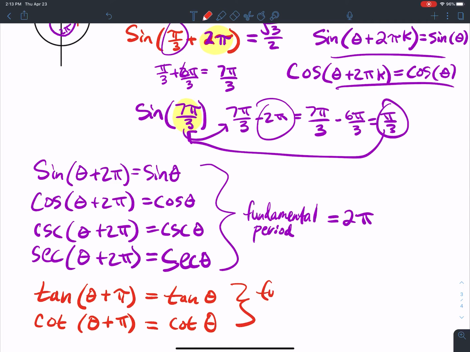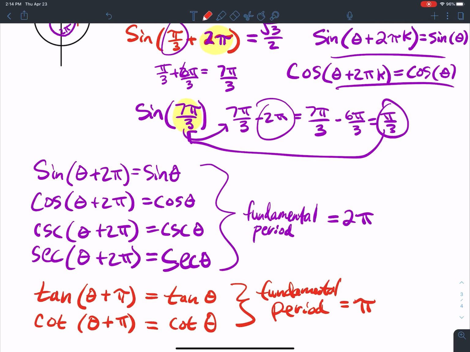These have fundamental period of pi. So we've got two different options for our 6 trig functions. Tangent and the reciprocal of tangent have fundamental period of just pi, so multiples of pi get you the same output.